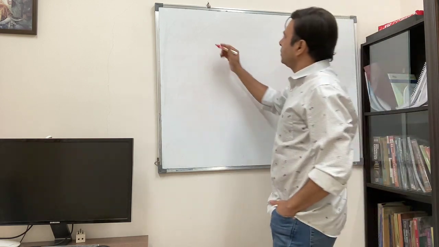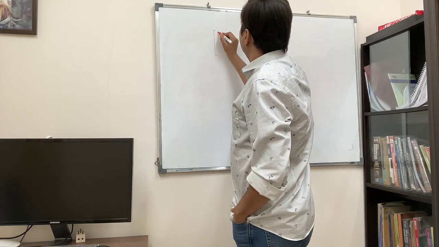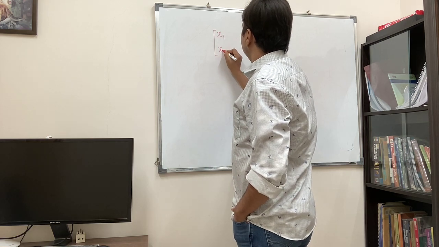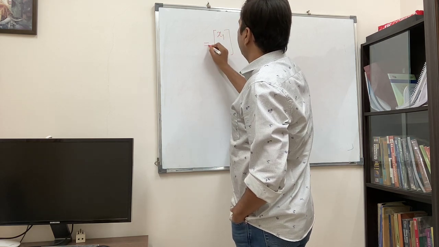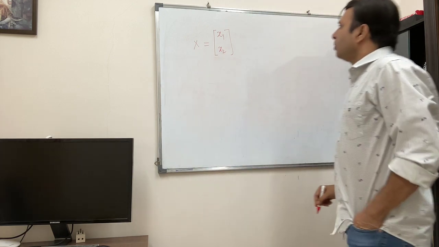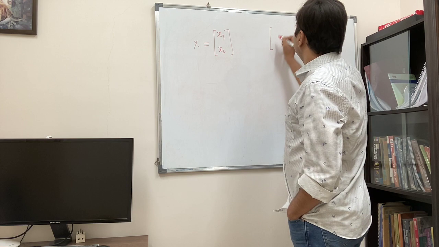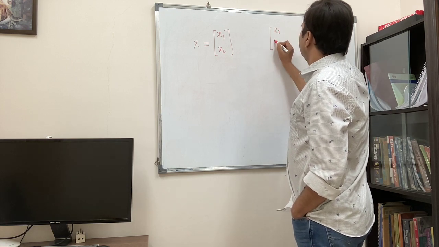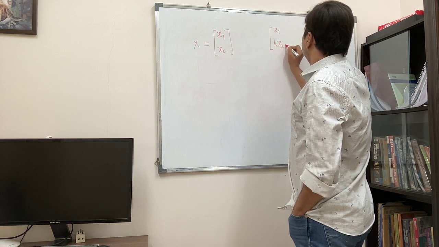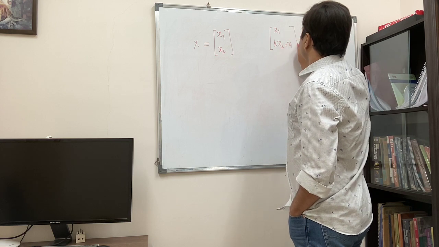There is one more which is called shearing. Let's say x1, x2 is my x, some vector, and I'm looking for a matrix which does something like this. It keeps one of them the same, and does k times x2 plus x1.